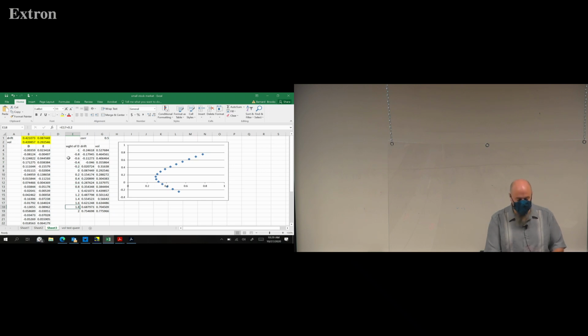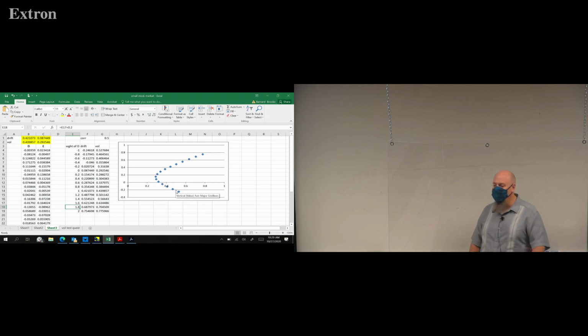That's the same here: 1.8 means I must have shorted 80% of my weight in one stock, taken that money and bought 1.8 times of the other stock. So the weights always add up to 1. And by moving around here, I'm just tracing out this, well, it's a parabola.